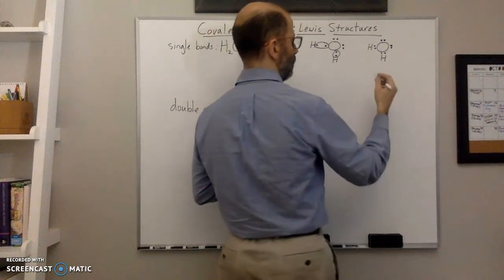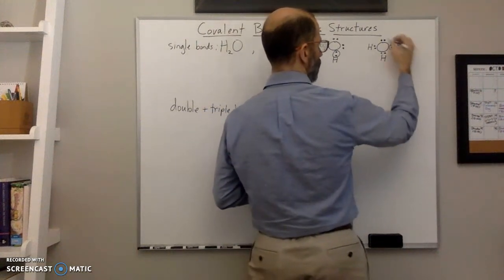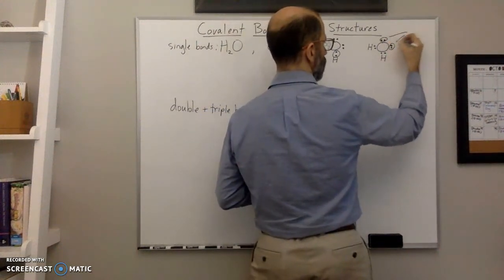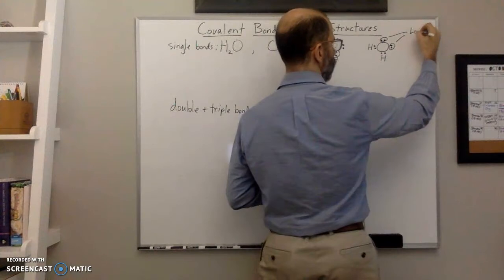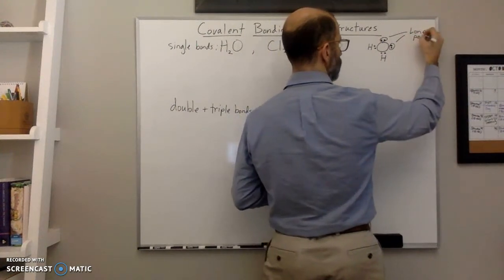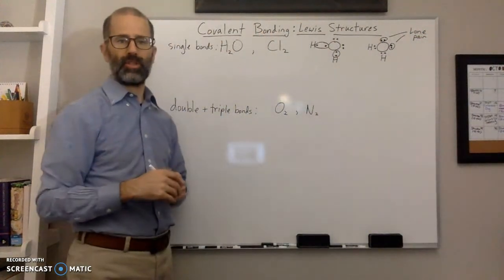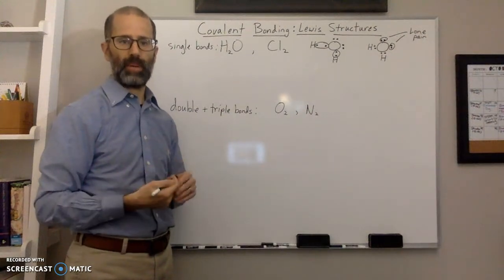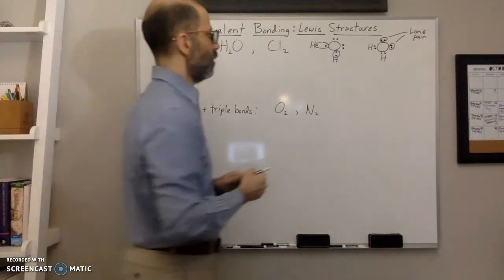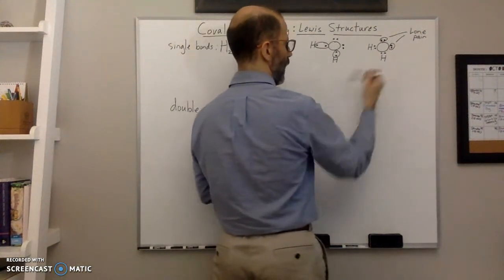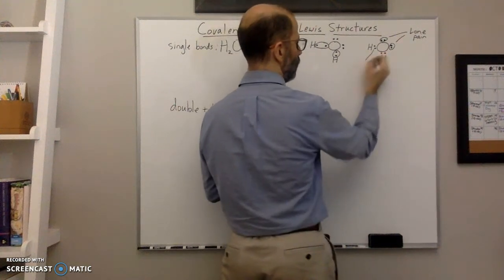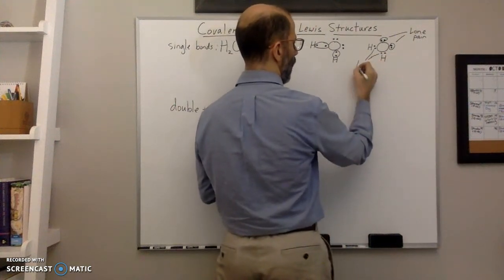So right off the bat, these 2 are called lone pairs. Electron lone pairs. They're not bonding, so they're also called non-bonding pairs of electrons. The electrons that are between atoms are considered bonding pairs.